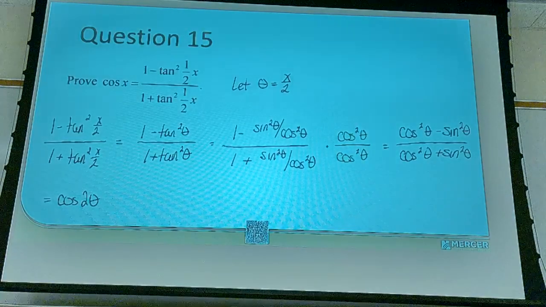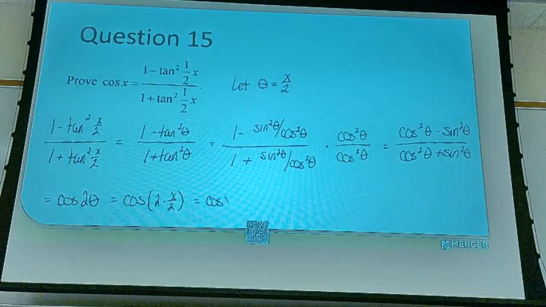But we said theta is x over 2, so just replace theta with x over 2. You're going to get cosine of 2 times x over 2, which is just cosine of x as desired.